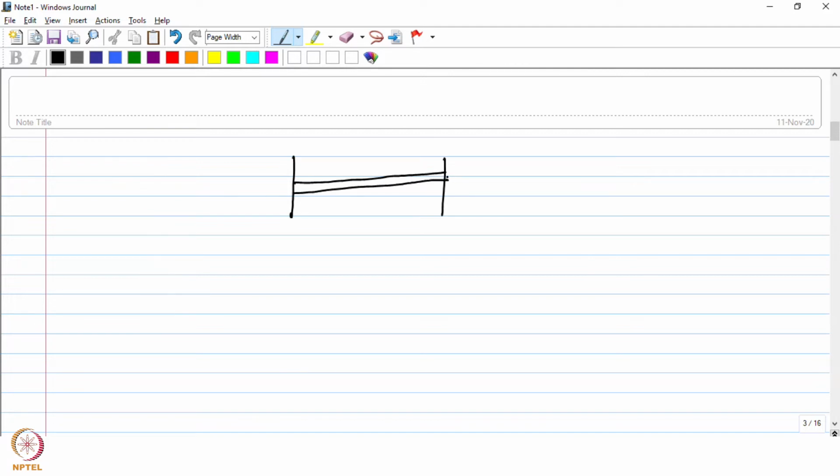Okay. So it will be subjected to a normal stress which will vary like this along the length of the fiber. Sigma is the normal stress, and it will also experience a shear stress.